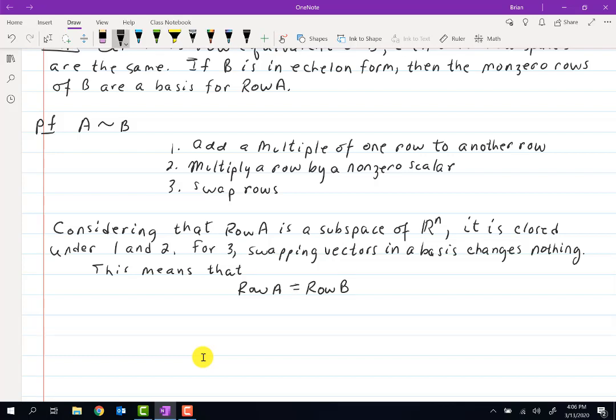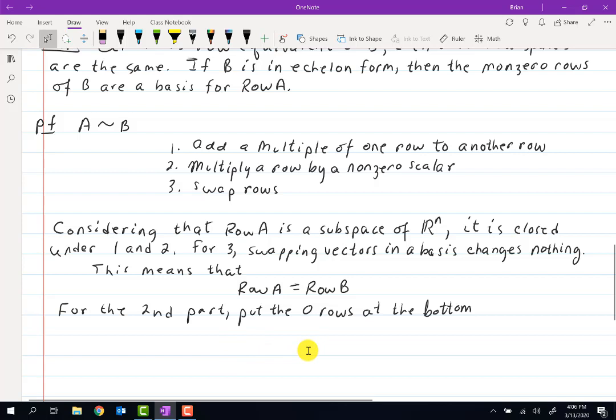Now for the second part of this, put the 0 rows at the bottom. Well, then the non-zero rows, each of those will begin with some sort of a non-zero number, right?